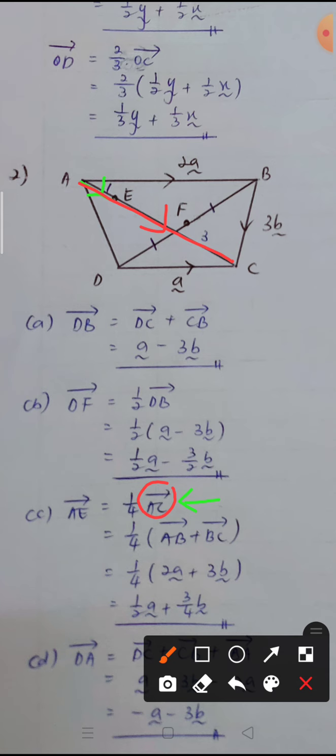We are going to use vector AB add with vector BC. So we have 2A add with 3B, and then we expand it. We get 1 over 2A, and we expand again, we get 3 over 4B. So this is vector AE for part C.